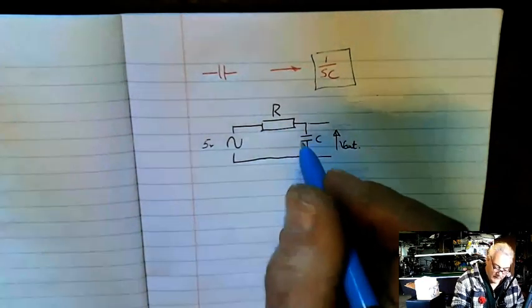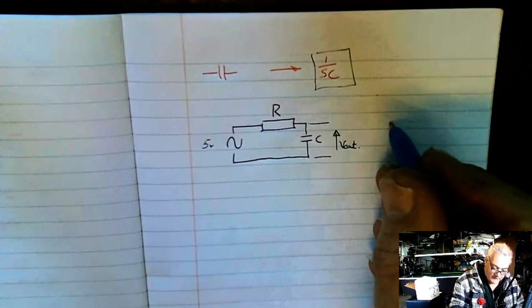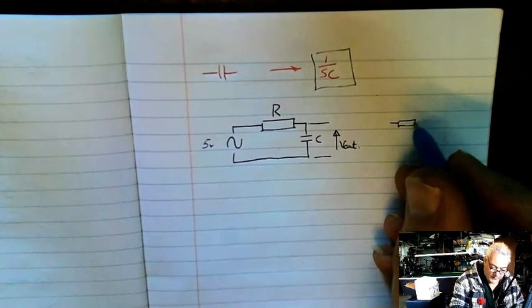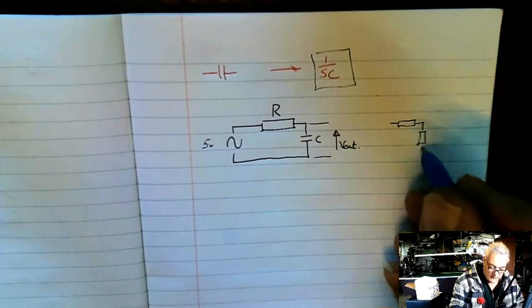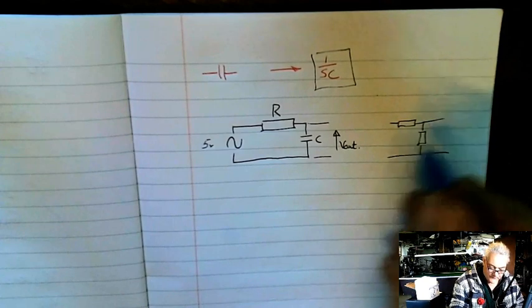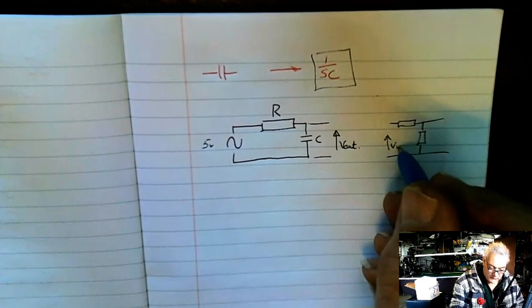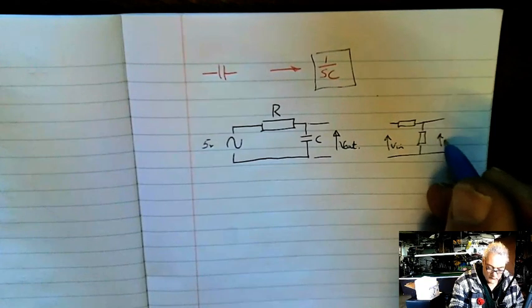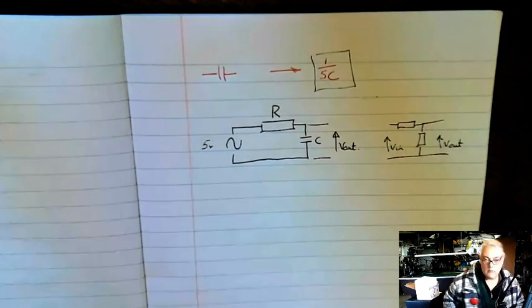Well, actually, if we go back to a previous example, we saw a potential divider like this, if you remember. Like so.